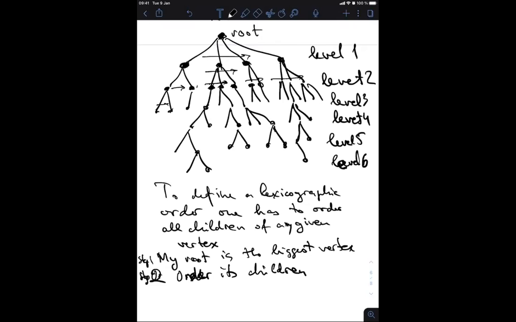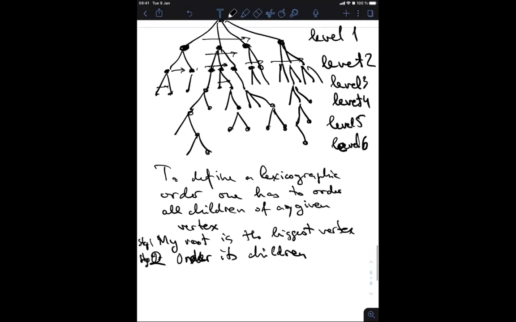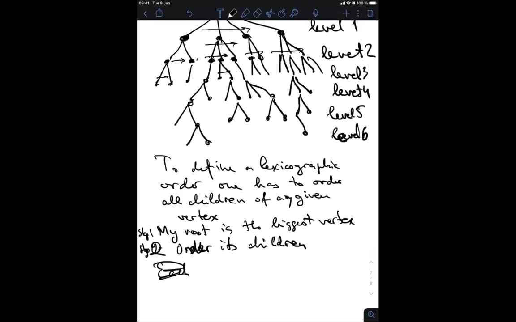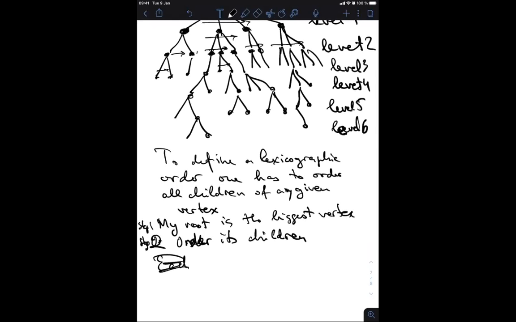So when I have done this, when I have ordered the children of each father, then I will define my global order on all vertices on the tree as follows. After doing all these local orderings, I have the following.